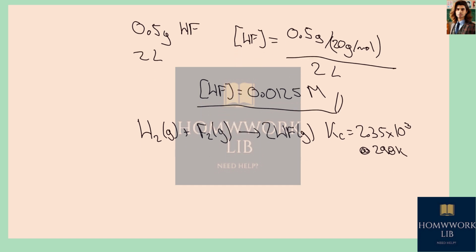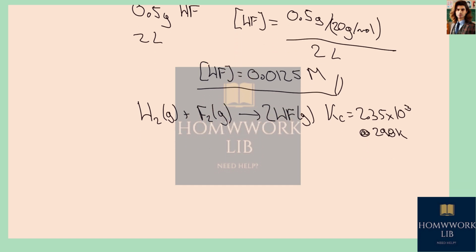Okay, but now what I want to do is look at the inverse reaction and see what is going to happen. So the inverse reaction would be two equivalents of HF in gas phase are going to produce H2 gas plus F2 in gas.